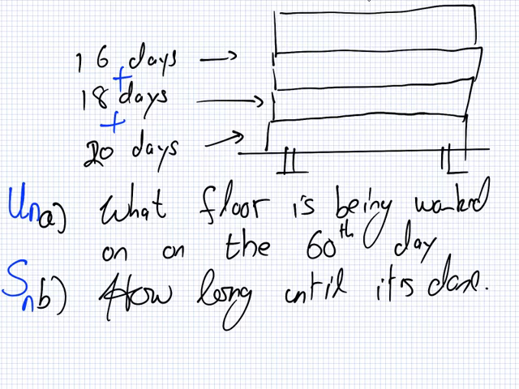Part A was what floor is being worked on the 60th day, and part B is how long until it's done, the building's done. How many floors were there again in total? 10. But you only need that for part B.